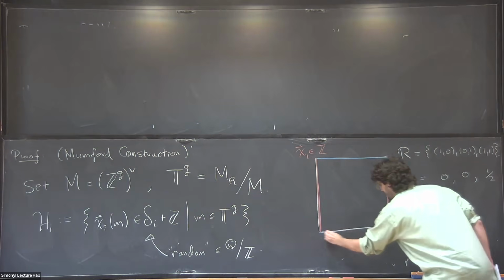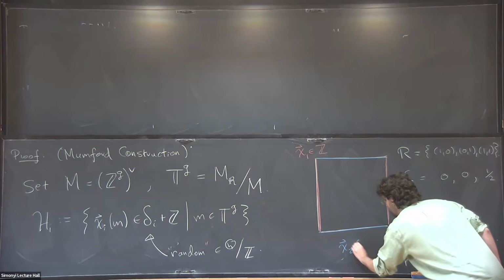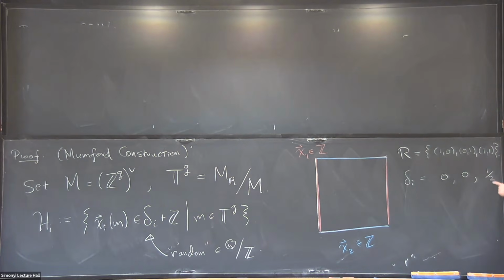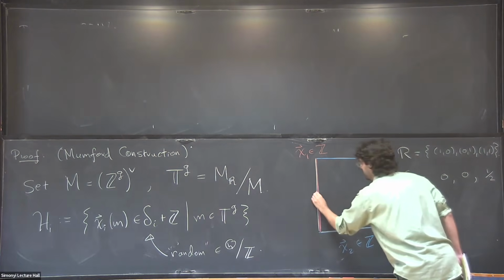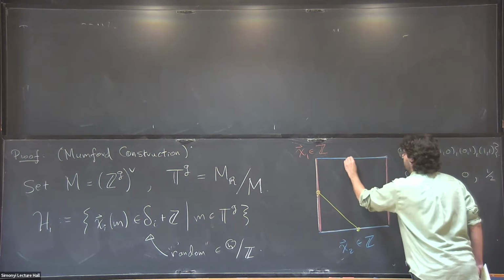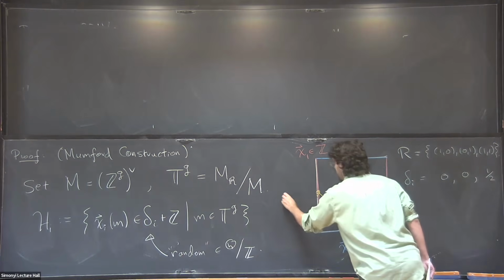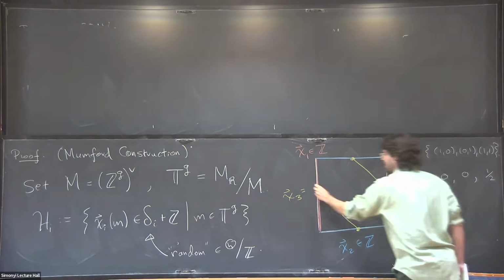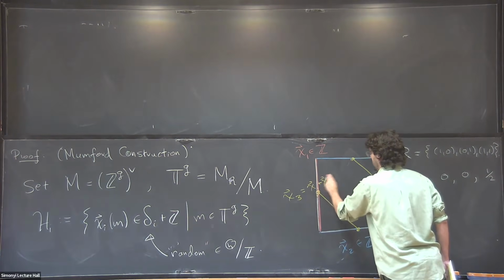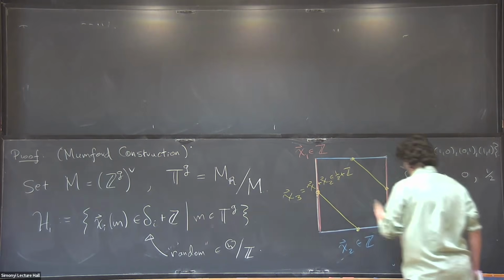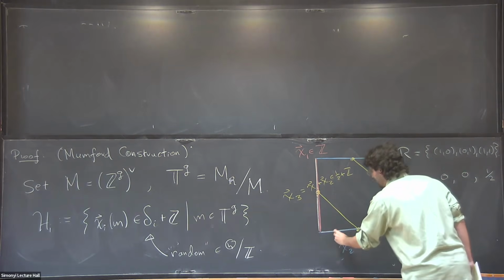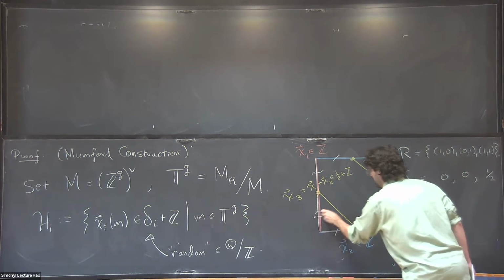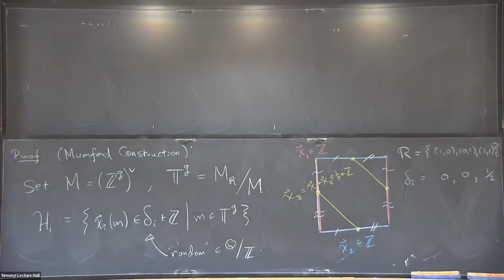Here we'll draw the locus where x2 is in Z. And then our third locus will be where x3 is in 1/2 plus Z. Recall x3 is x1 plus x2, so x1 plus x2 is in 1/2 plus Z. And now we should make sure to glue this up so that we get a two-dimensional torus.